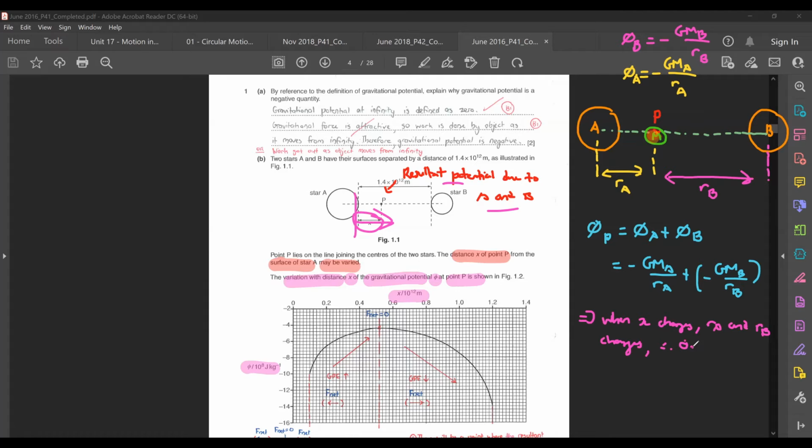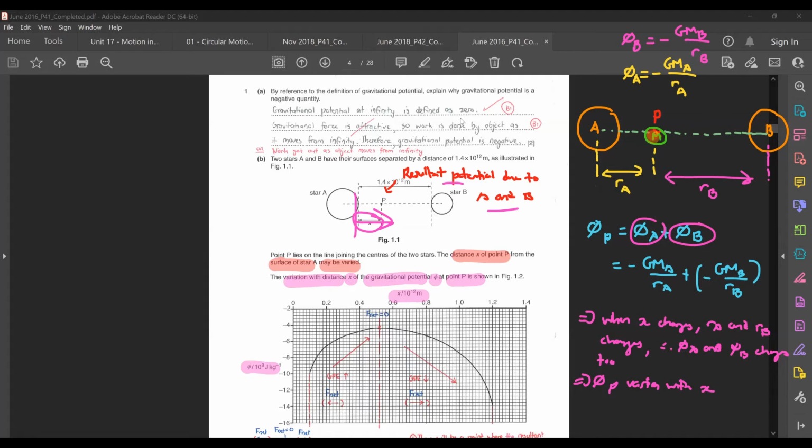Therefore, phi A and phi B change too. So from here you get the conclusion that phi P varies with x. Because these two will change with distance, giving you a change in your potential at P.